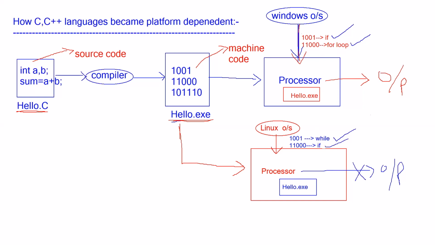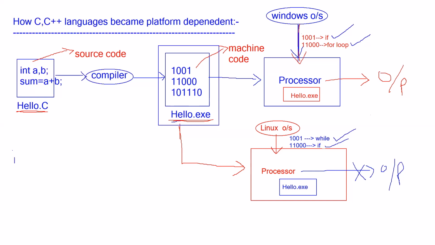So the operating system instructions from one machine to another are different. That's why this hello.exe file could not run on another machine. Wherever it is compiled and gets this exe code, only there will it run. It will not run on another machine. So why?